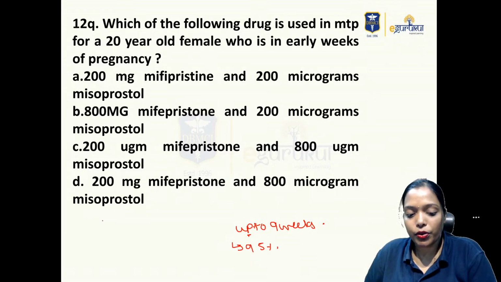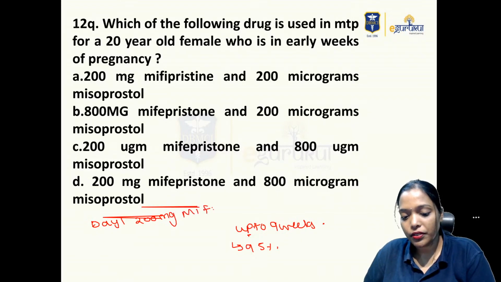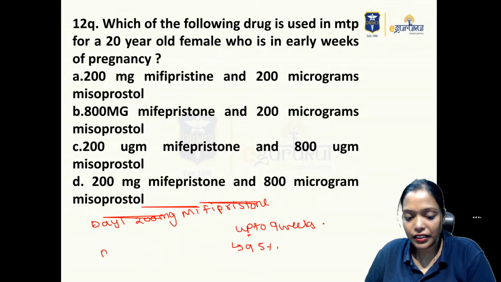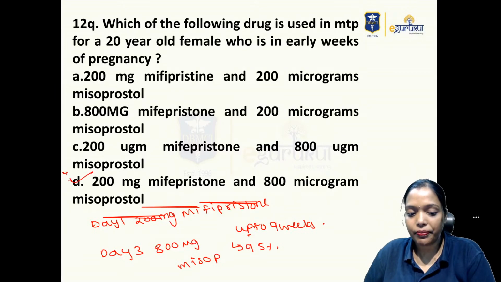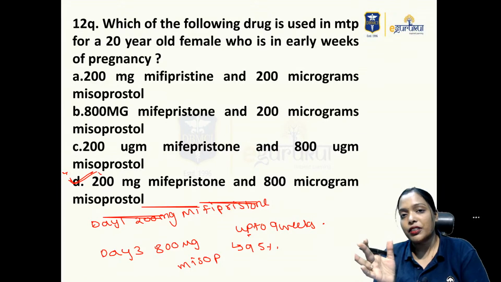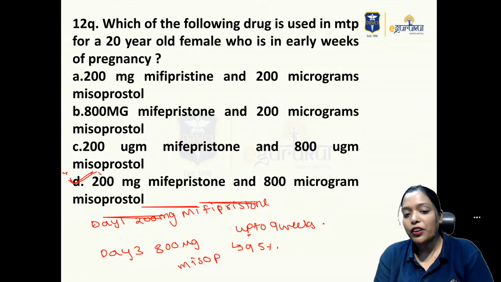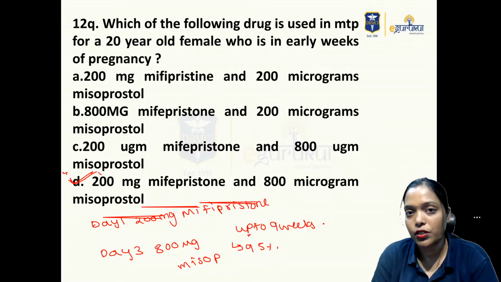You can give on day 1, 200 milligrams of mifepristone, and on day 3, 800 micrograms of misoprostol. So the best answer here is D, right? You can use this regimen up to 9 weeks with 95% success rate.